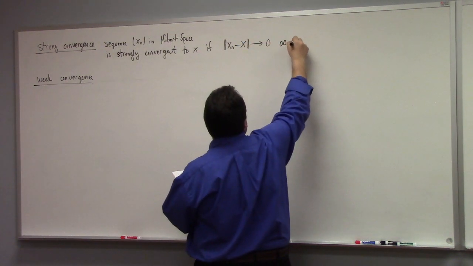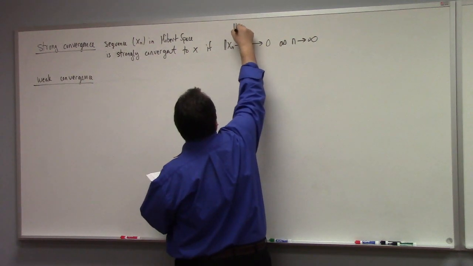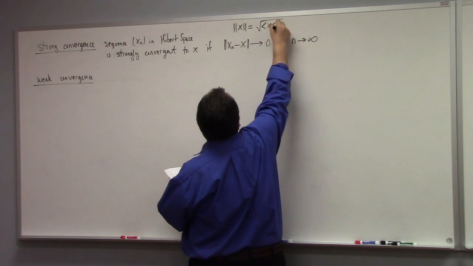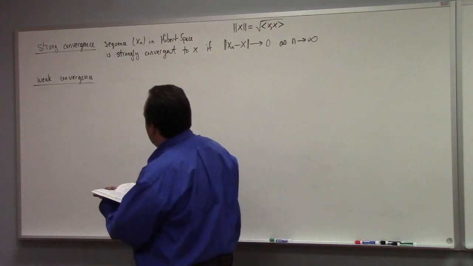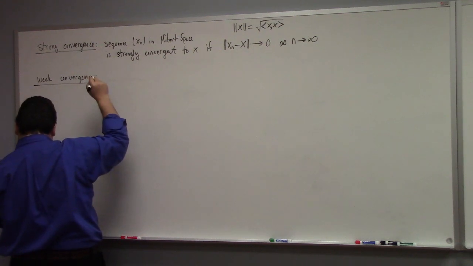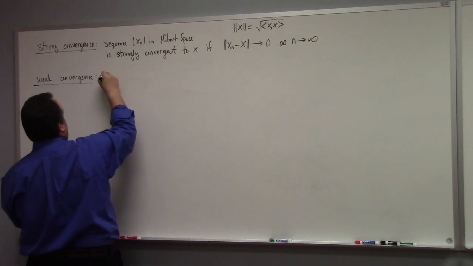And what norm are we talking about? We're talking about this one, right? The norm of x is the square root of the inner product of x with x. So the induced norm. That's strong convergence. Weak convergence is weak. It's weakly convergent to x.